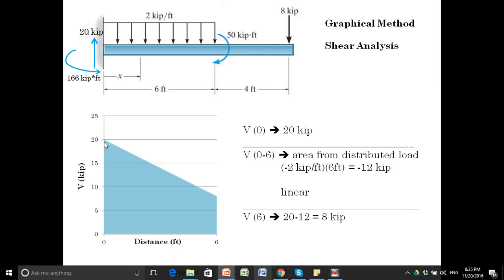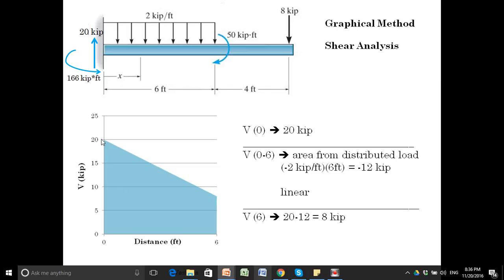Alright, so we start at 20, and from calculating the area under the distributed load, we have minus 12. That means that at 6, we're going to end up 12 lower than 20. So 20 minus 12, we end up at 8 kips at 6 feet.